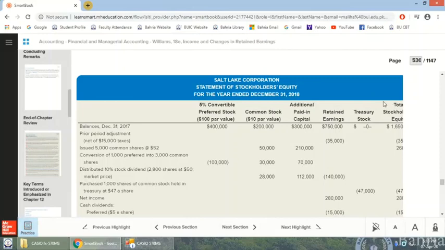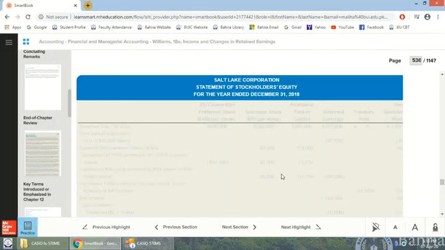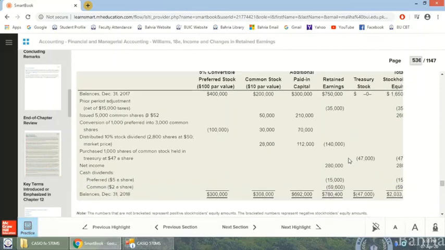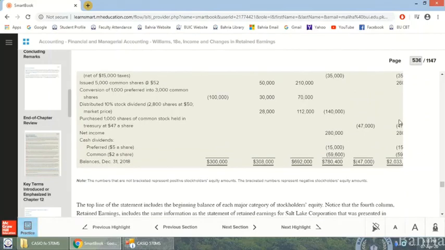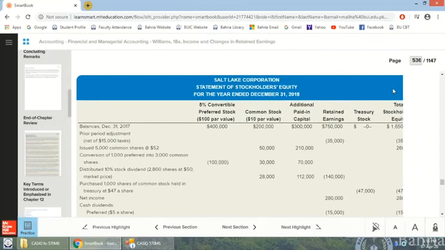I can't increase this. Or maybe it's just an adjustment issue. Okay, we can just simply see it. You can also read up in the book.